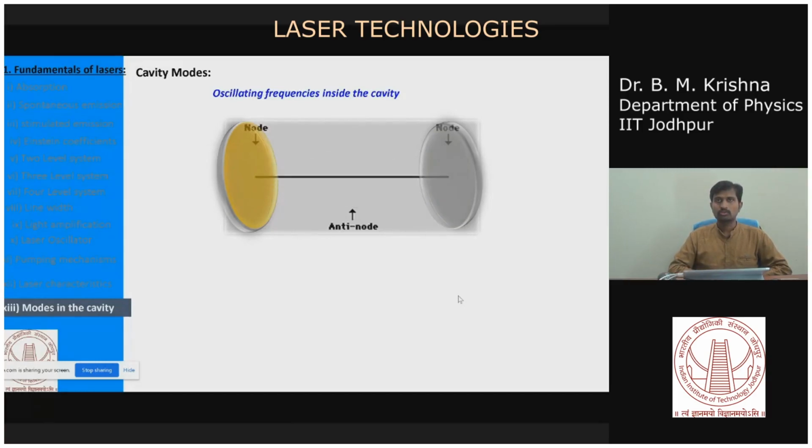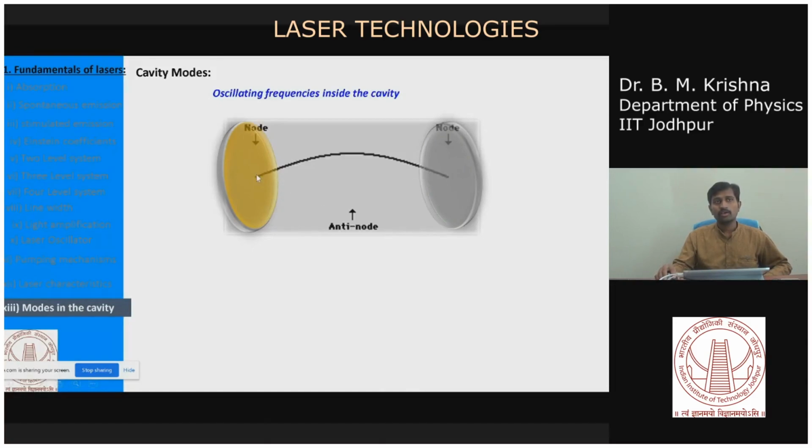That means not all the modes can exist in the cavity. Only specific modes will be allowed to oscillate within the laser oscillator. That's why we call it a laser oscillator or laser cavity: these modes are oscillating inside the cavity.